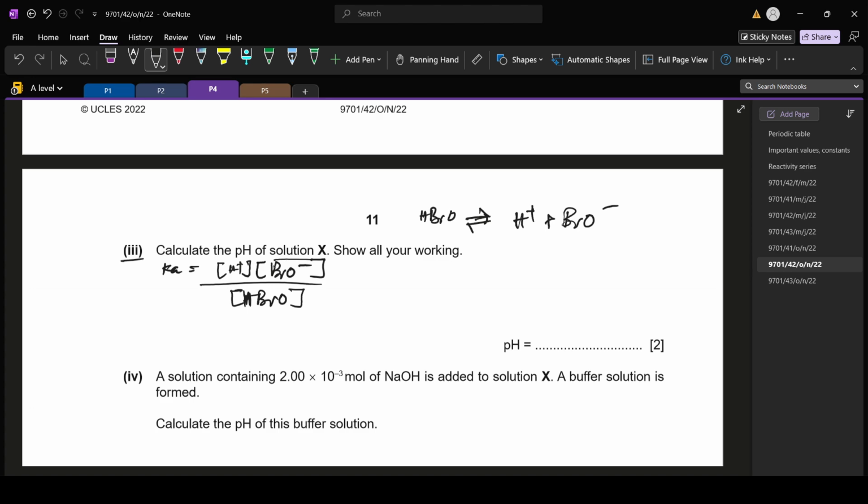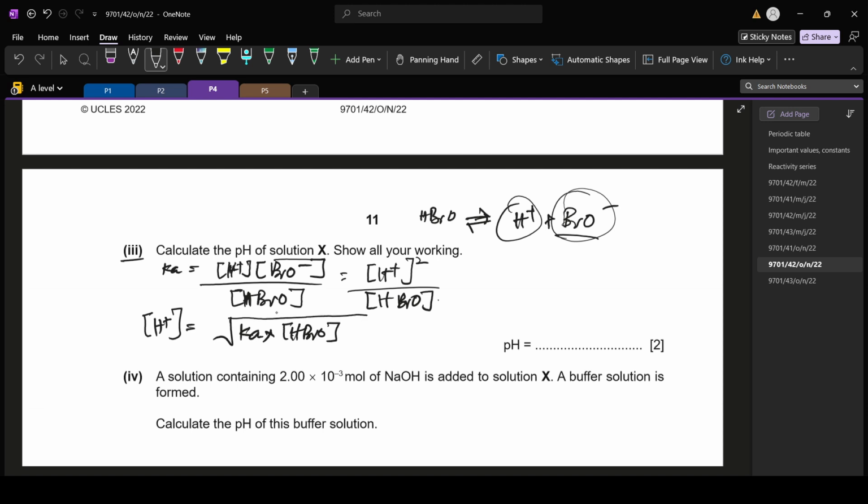Now you have to find the pH. Firstly we will find the concentration of H plus ions. You can say that both H plus ions and BrO minus are produced in equal amounts, so you can write this equation in this form. Now it will be easier to find the concentration of H plus ions. The concentration of H plus ions is equal to the square root of Ka multiplied by the concentration of HBrO.